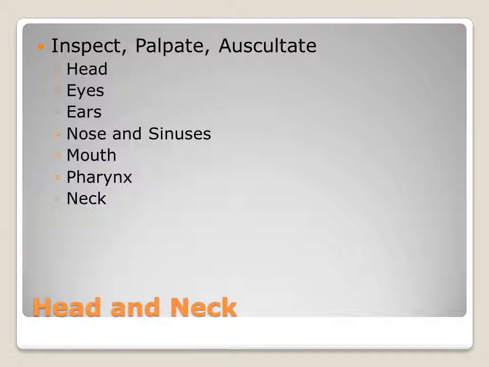With the pharynx, you're looking at the uvula and checking lymphoid tissues. The neck, you're looking at the muscles, movement and strength, the lymph nodes, size and tenderness, the carotid arteries, listening for bruits, the thyroid gland, the position of the trachea, and any pain.